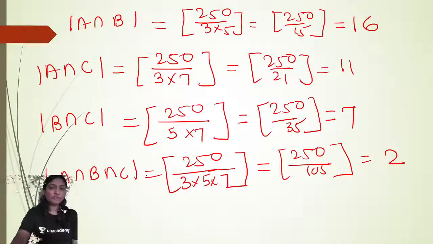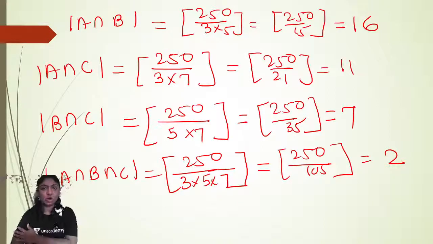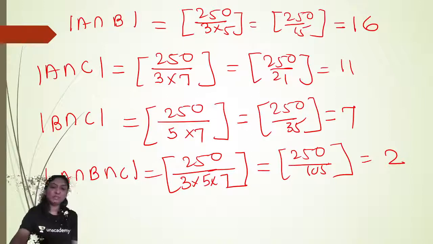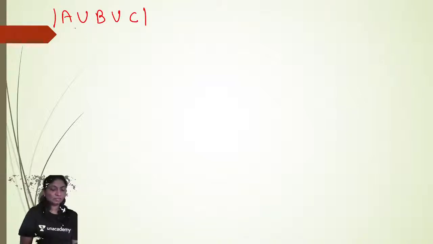Now we know all the cardinalities, but we don't know the number of integers divisible by 3 or by 5 or by 7. It means we have to find the cardinality of A union B union C, the number of integers between 1 and 250 which are divisible by 3 or 5 or 7.